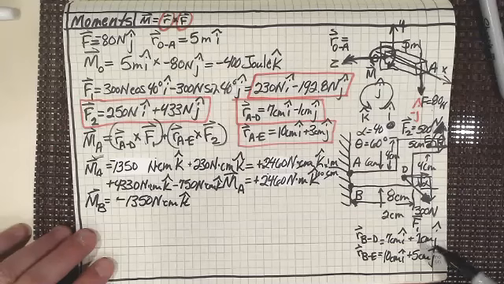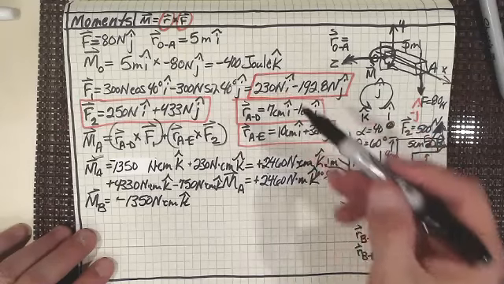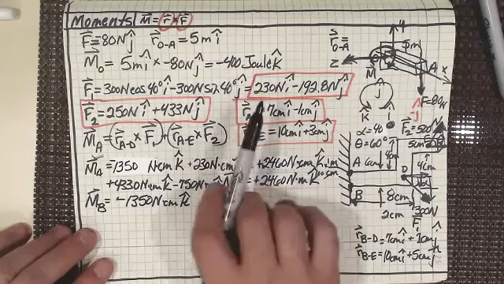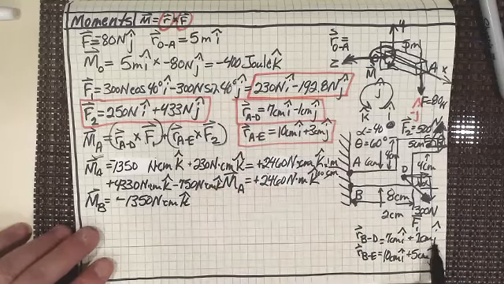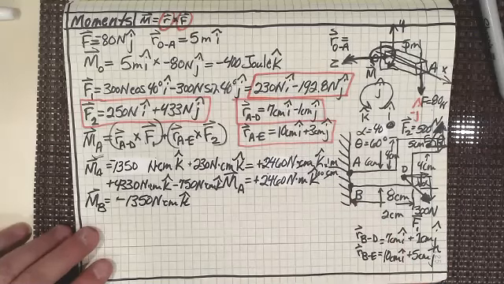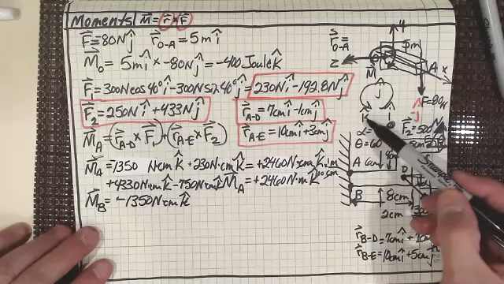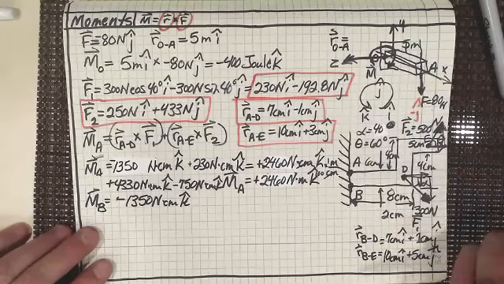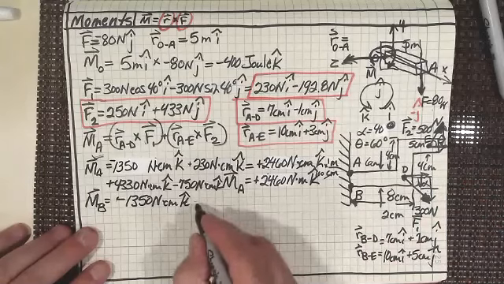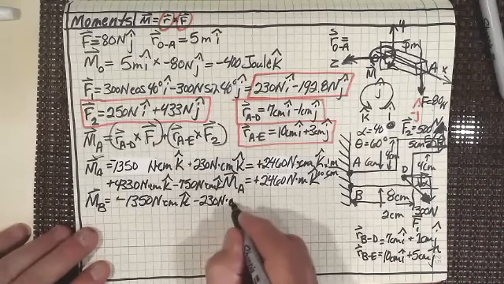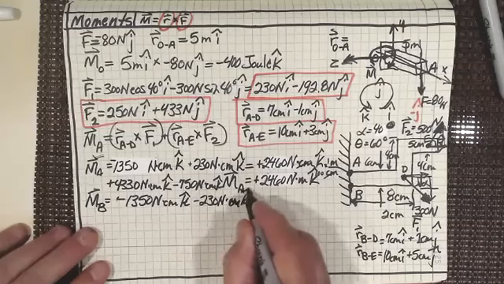So plus 1 times 230 is 230. And then I have J cross I, which is going to give me minus K. So that's minus 230 Newton centimeters K hat.